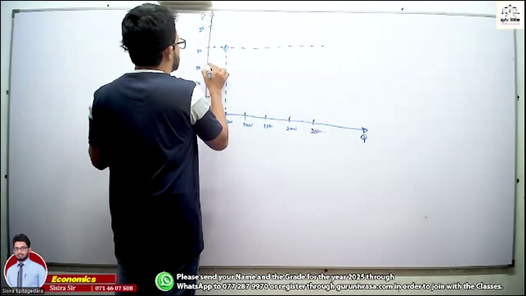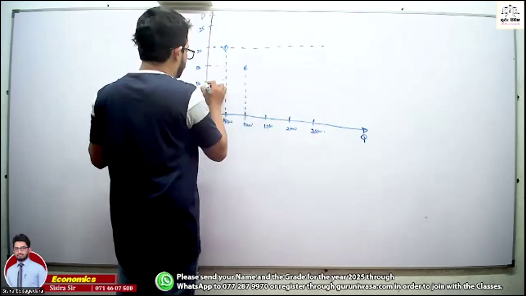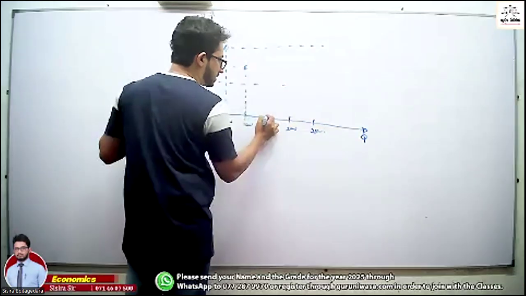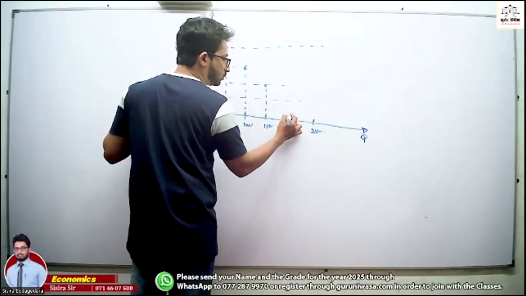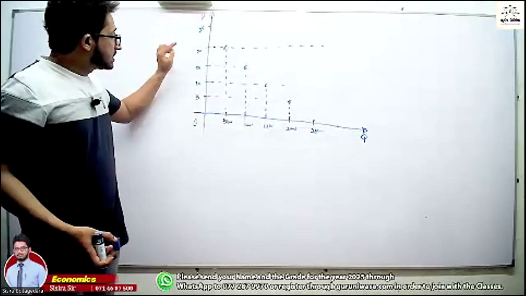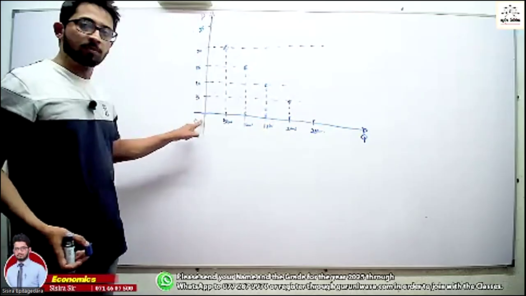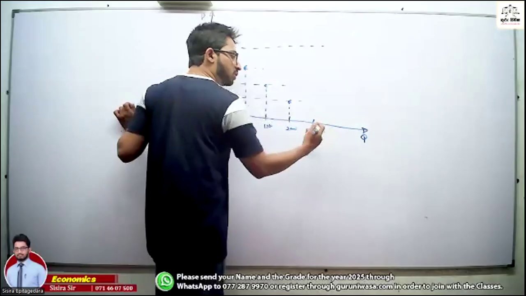When price is 15, demand is 1000. When price is 10, demand is 1500. When price is 5, demand is 2000. Look at this point. When price is 0, demand is 2500.